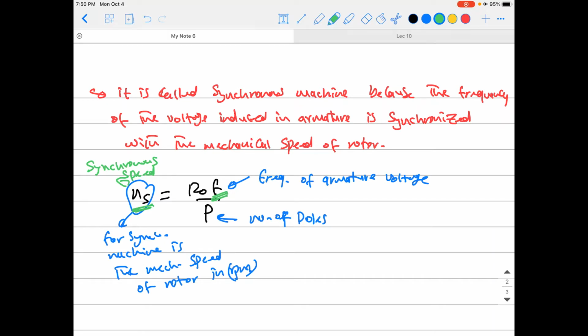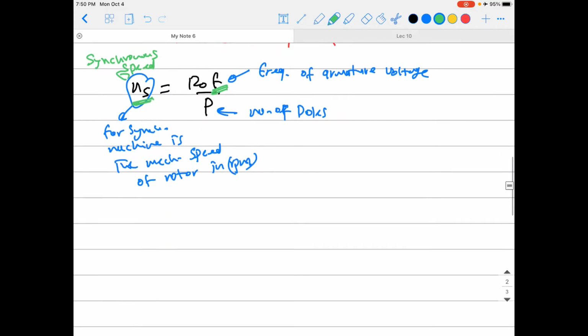That's why we call it synchronized. The frequency of the induced voltage in the armature is directly synchronized with the rotor speed. Any change of this will be directly translated into a change in that. So that's why we call this a synchronous machine, and that's a very, very important thing to keep in mind.